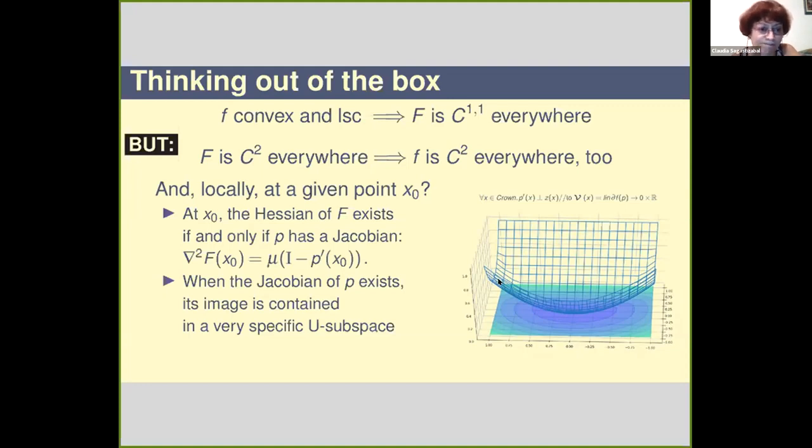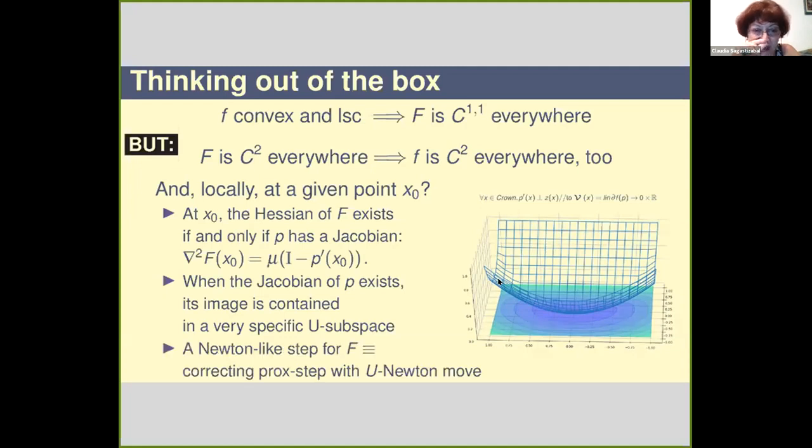Good. So the idea is we can then try to follow this manifold and make a correction of the proximal point that was slow by making a Newton move, but only in this subspace, because it's where we will have second order for our regularization.